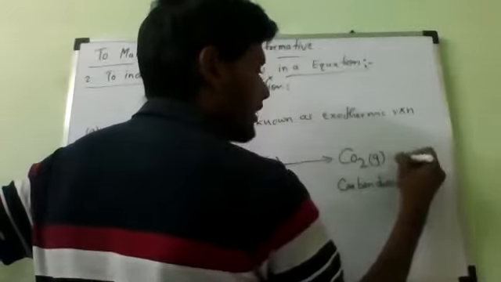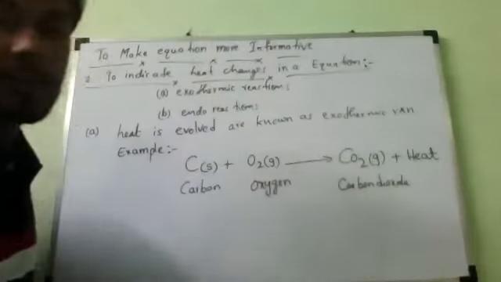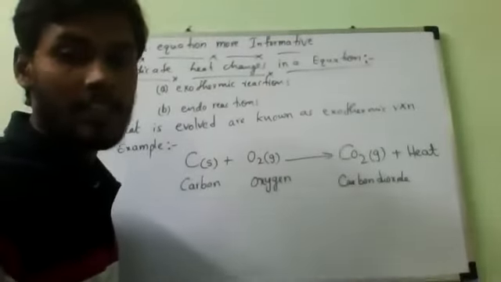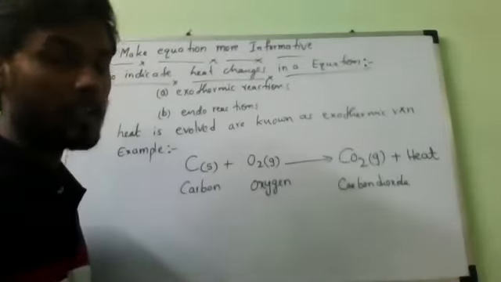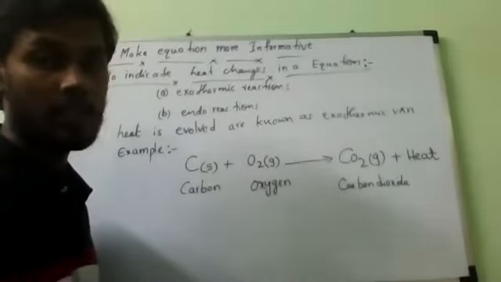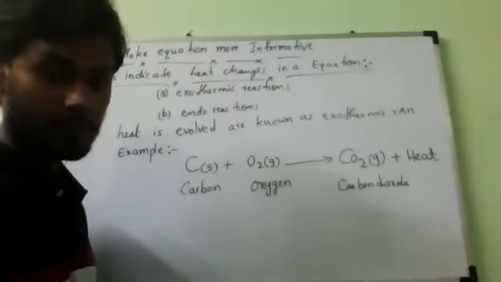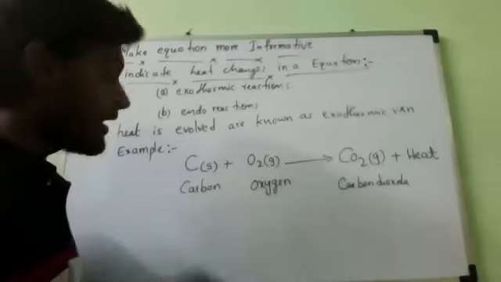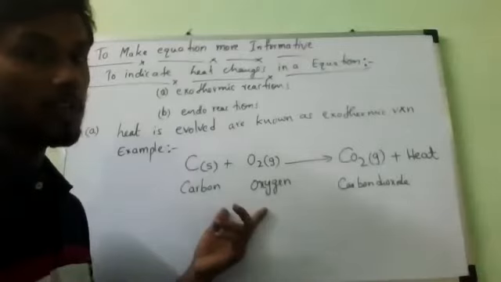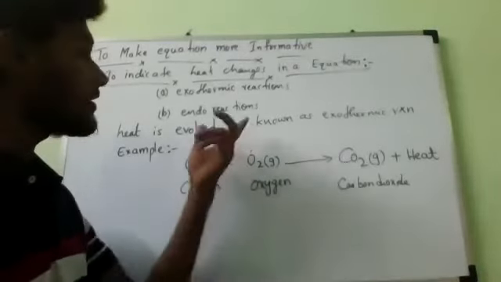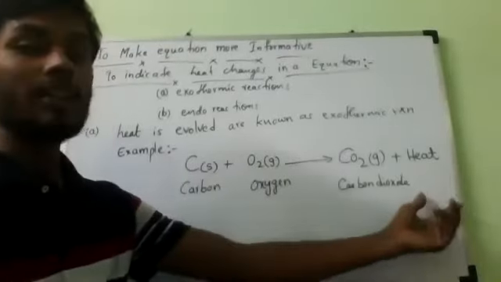Along with that, plus heat. So plus heat indicates what? Is heat releasing or heat absorbing? Plus heat means heat is always releasing. Understand? You have to remember that. So in this reaction, the burning of carbon in oxygen is an example of exothermic reaction because heat is evolved in this reaction.